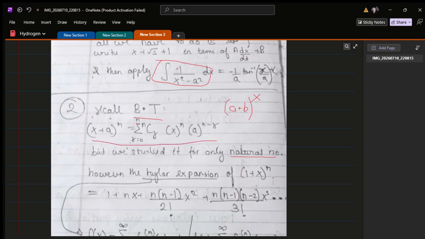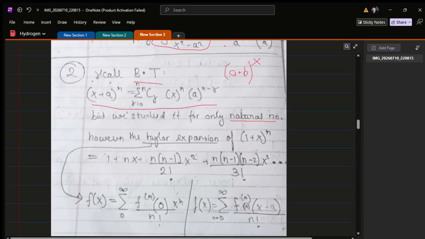I have just written it in sigma notation, but we have only studied the binomial for x belonging to natural numbers. We haven't studied the formula for half, 0.5, minus 1, minus 2, only the natural numbers. But we can get the formula of the binomial theorem for any arbitrary x using the Taylor expansion.